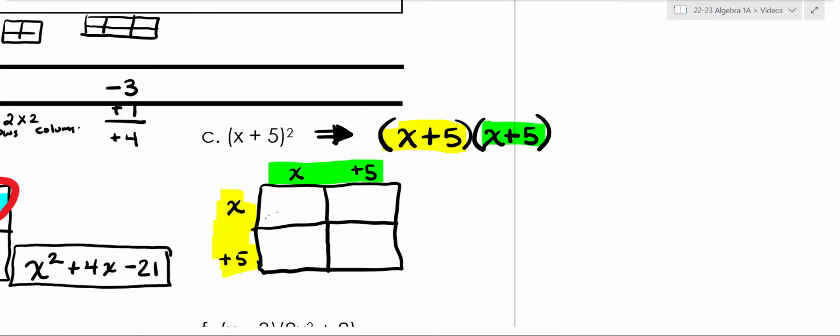All right, so for this spot right here, that's going to be this x times that x. So x times x is going to be x squared. For this spot right here, that's going to be the x times the 5. So that's 5x.